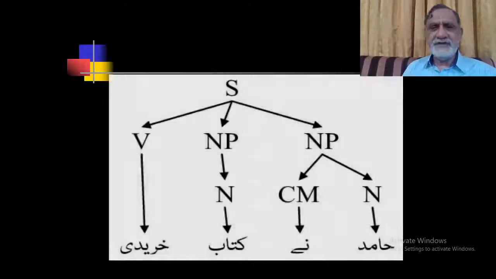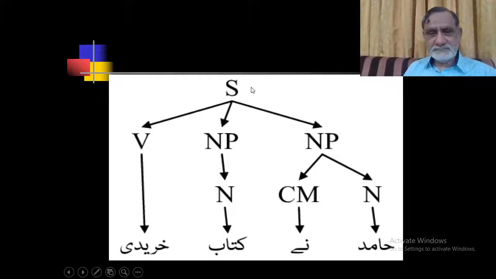And see this analysis here in that form. S indicates sentence, V verb, NP noun phrase, and again NP. Hamid ne kitab kharidi. This has been analyzed, the structure in Urdu.